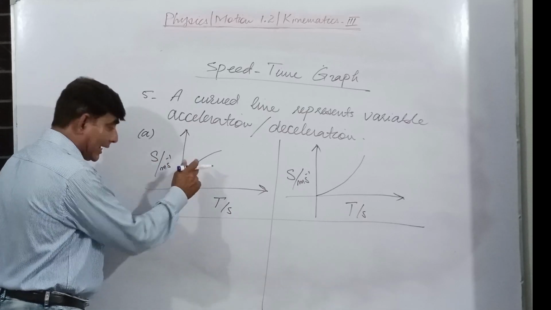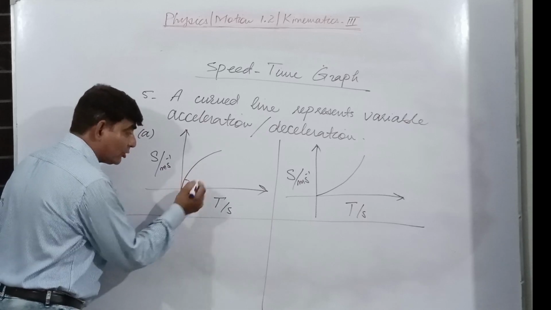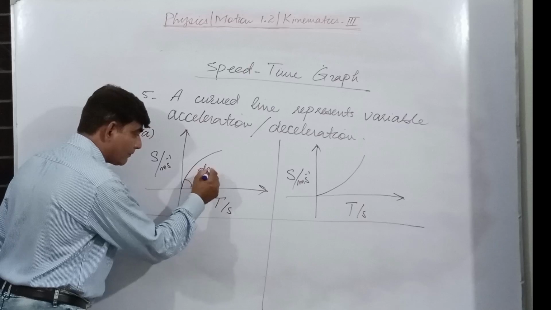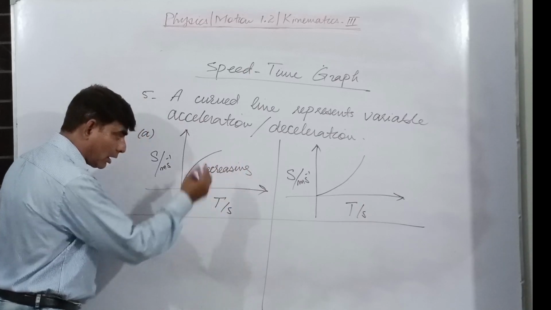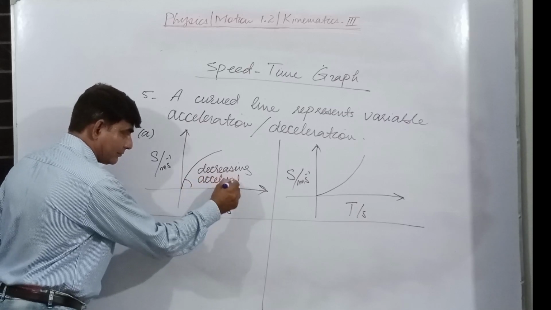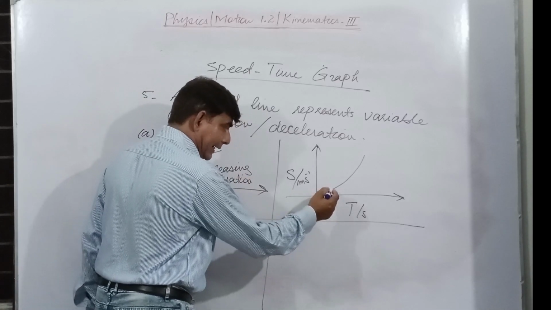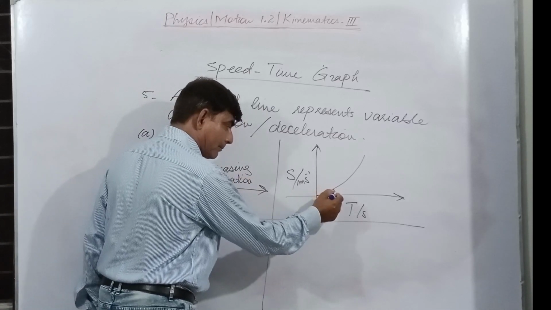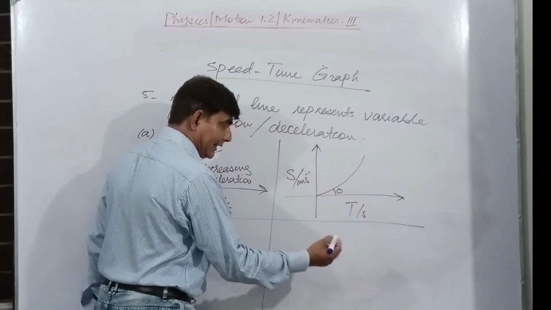So an angle formed over here is smaller than 90 degrees. The word decreasing along with acceleration.